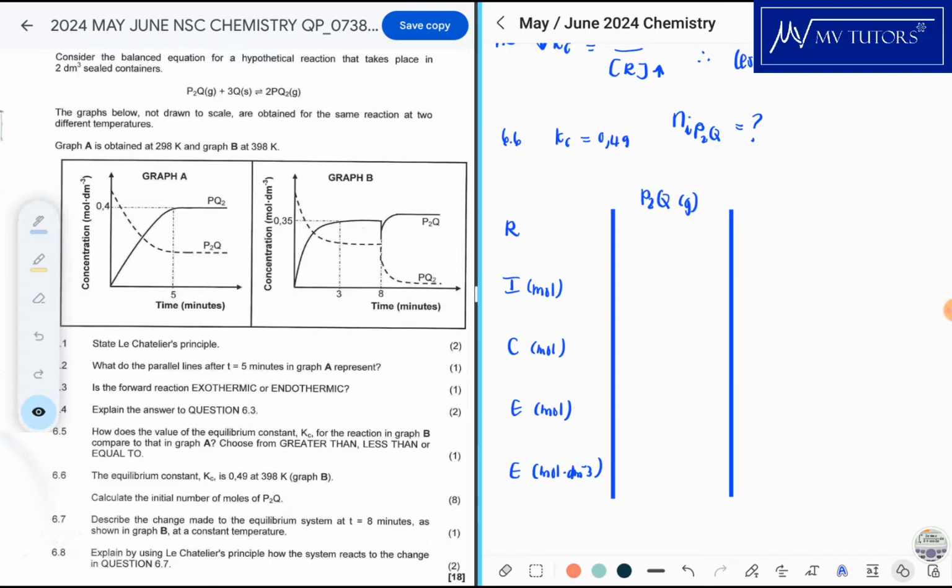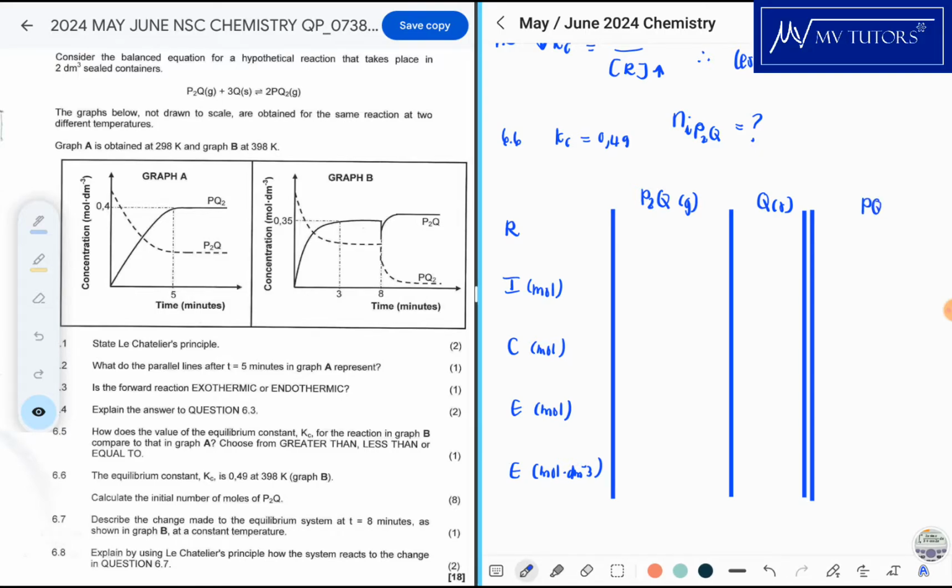I actually shouldn't even be putting that in because it's a solid and doesn't really play a part in this, but let's just put it in to show we have our reactants there. Then we normally distinguish between the reactants and the products by using a double line. And then our product, PQ2. And then the ratios: we have 1, we have 3, and we have 2.